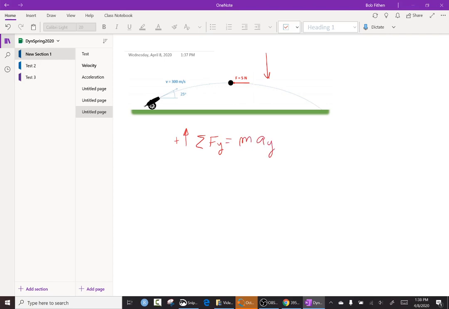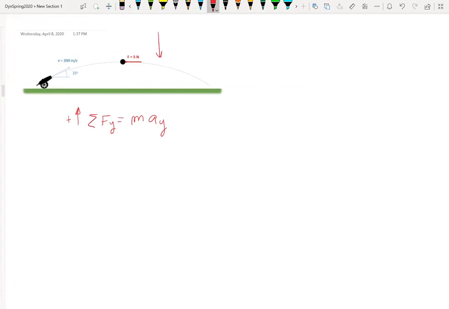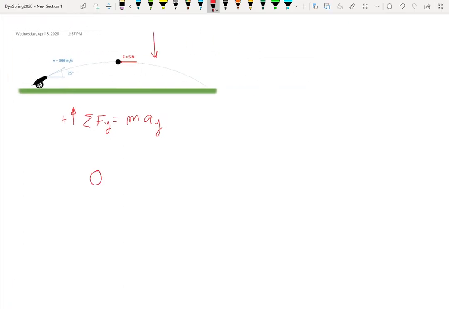So, if you do a free body diagram on the ball, you get the weight is equal to mg, and there isn't anything else pushing. There's no updraft or downdraft on it, so there's nothing there.